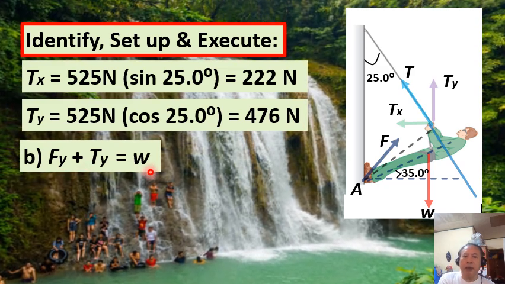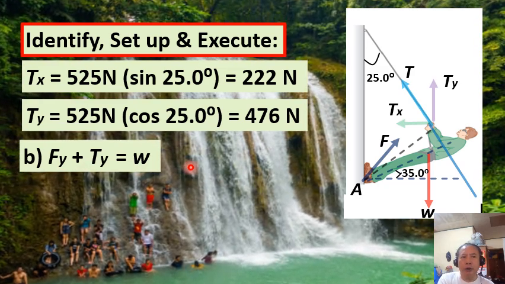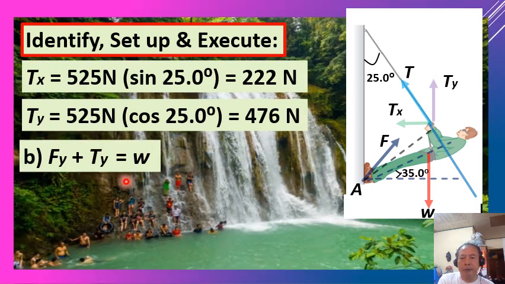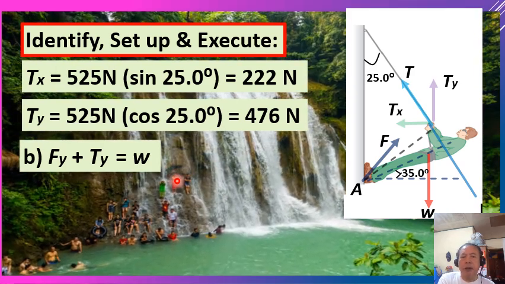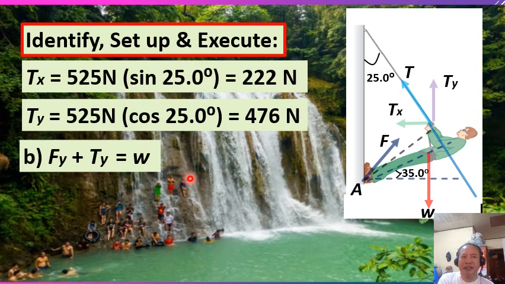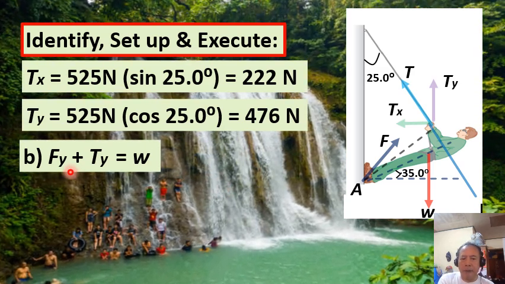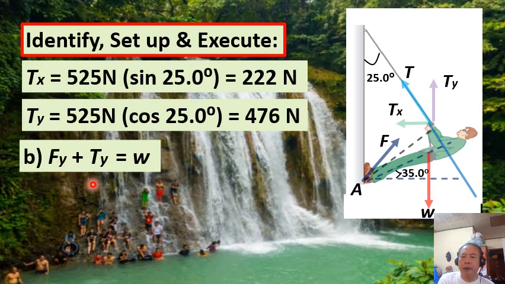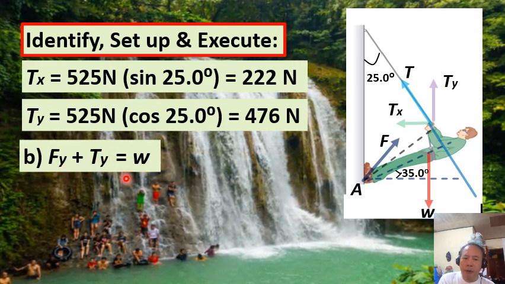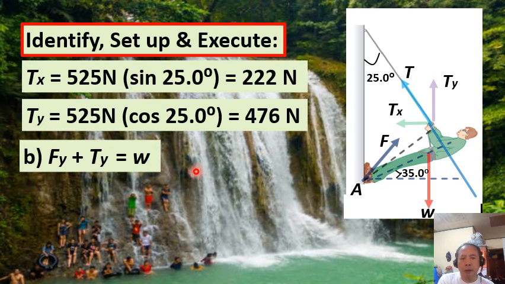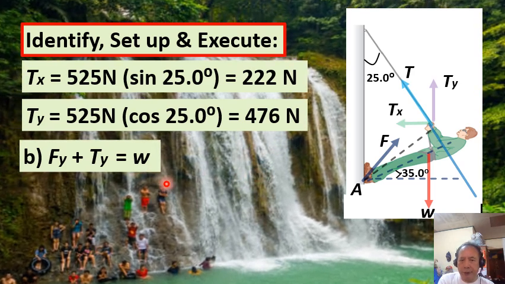This time, we make use of Newton's law of equilibrium, right? There are three forces along the vertical. We have the y component of the force F, the y component of the tension T, and the weight of the climber, right?